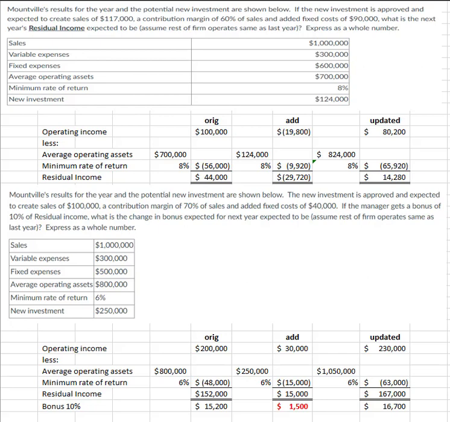Here's the one that I like, and that is calculate the residual income for the original, then add, and then get updated, which is the original plus the add. What might hang up some folks on this one is that they don't actually give you operating income.